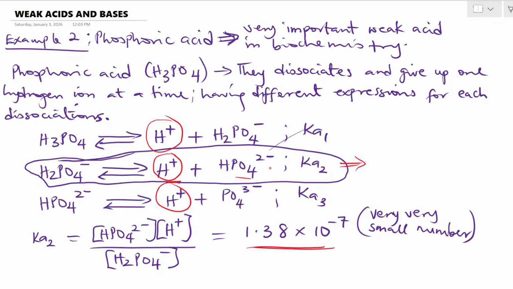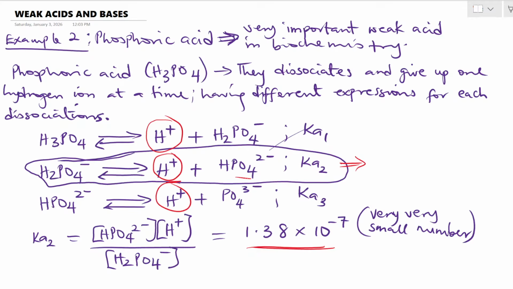So we took this middle dissociation, and we tried to bring it out to get the acid constant. Applying the Keq, we said that the product divided by the reactant gave that number.